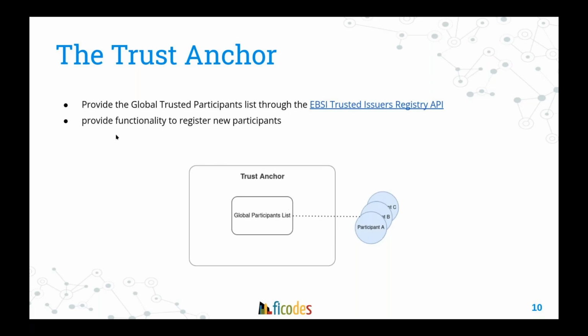And we also need the functionality to actually register new participants. So if somebody wants to join our data space, we need the capability to add them to the global participants list. Those are the requirements we have for our trust anchor, and that's what we first have to solve here.